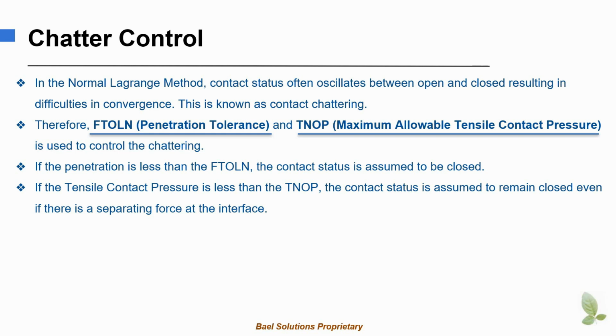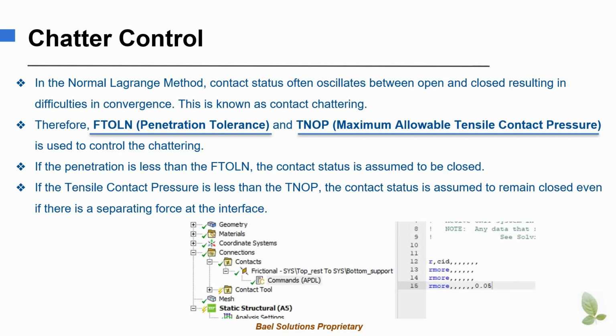Maximum allowable tensile contact pressure can only be changed using the command snippet. The command for changing the TNOP of a contact pair with the real constant number, CID, and the modified TNOP factor of 0.05 is shown in the slide. This should be entered in the command snippet below the contact branch of interest.